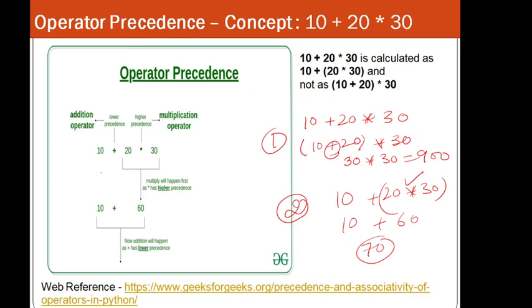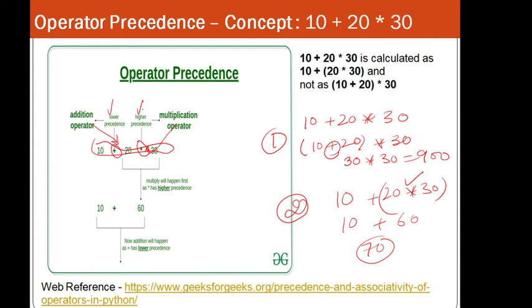So let's see this diagram. Here you can see this is the expression that you will be solving. Two operators are there, one is multiply, another is plus. The multiply is of higher precedence and the plus is of lower precedence. This is an addition operator and this is a multiplication operator. So the multiplication operator is higher precedence and the addition operator is lower precedence.